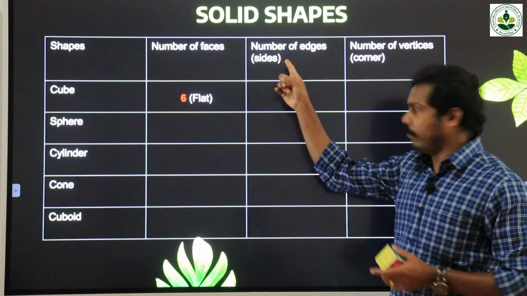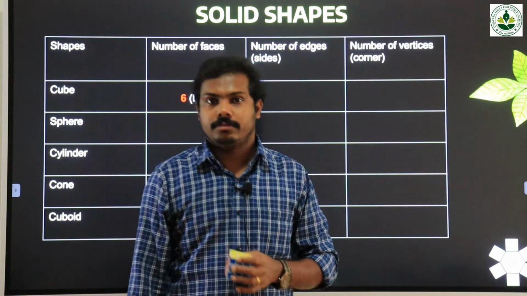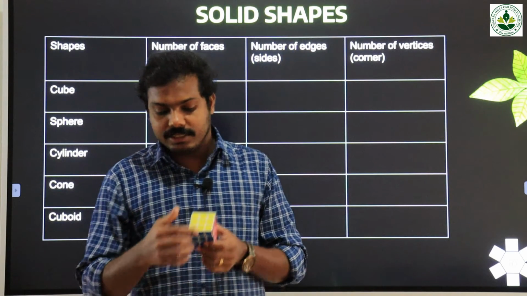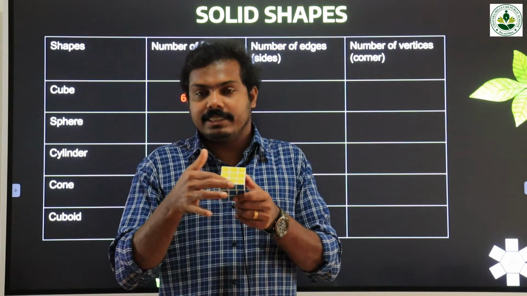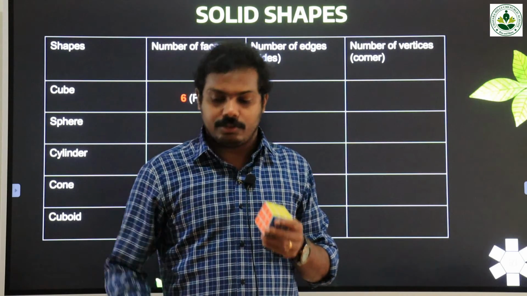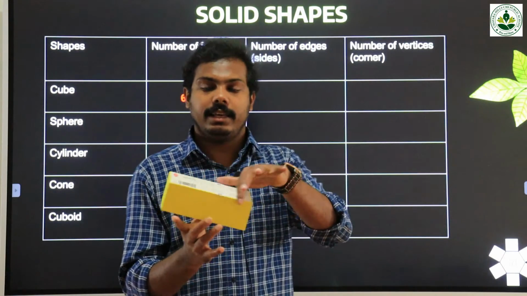Then we need to know about the number of edges, the sides. These are the edges. When we check a box, which are the edges? These are the edges.